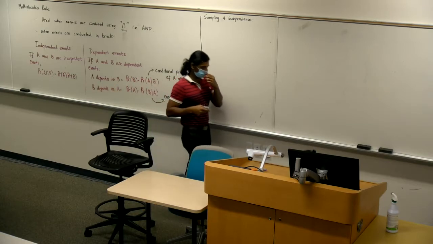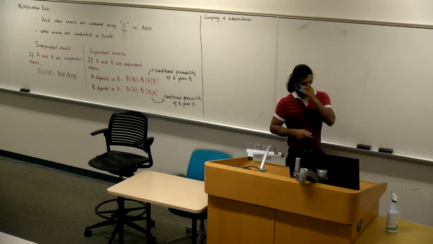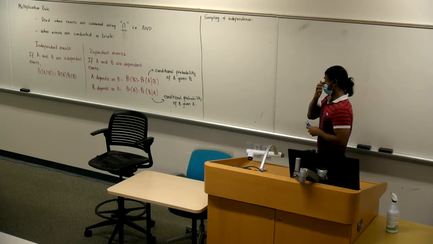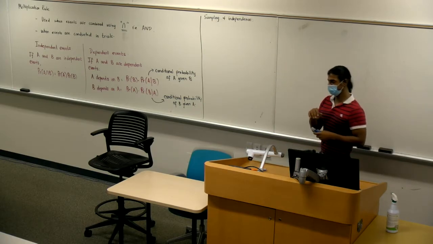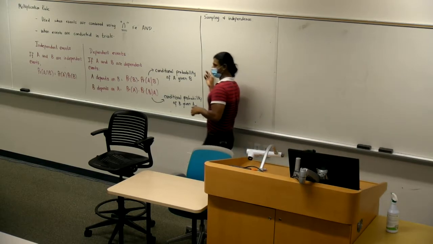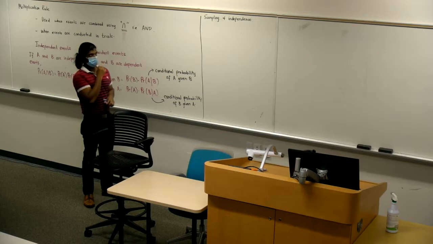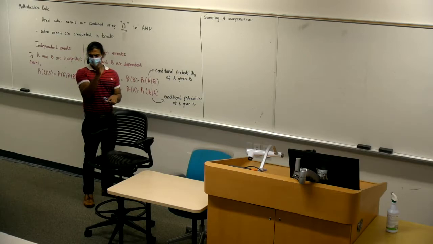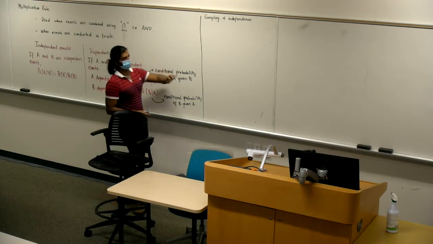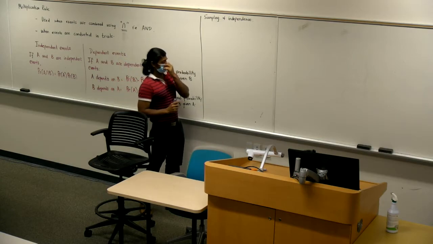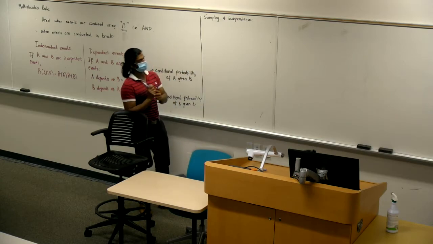They have the same probability of being chosen. But there is another field of statistics called Bayesian statistics, which deals with dependent events. And that is two levels harder than regular statistics. But we will just stick with independent events.